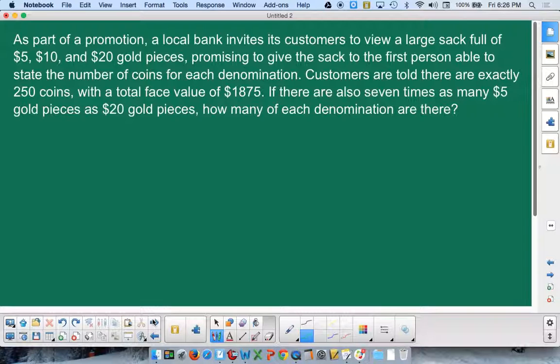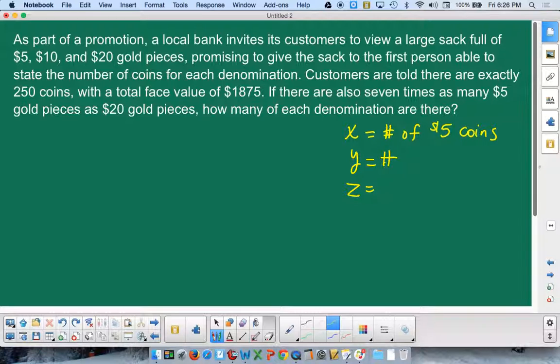Okay. What's the first thing you should do? And yes, that's define your variables. Once again, when you fail to do this, you fail to understand your problem. So, most of you the other day, I was seeing you write x equals $5. X does not equal $5. X equals the number of $5 coins.